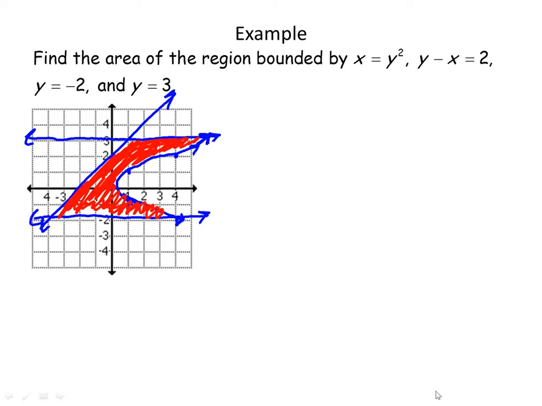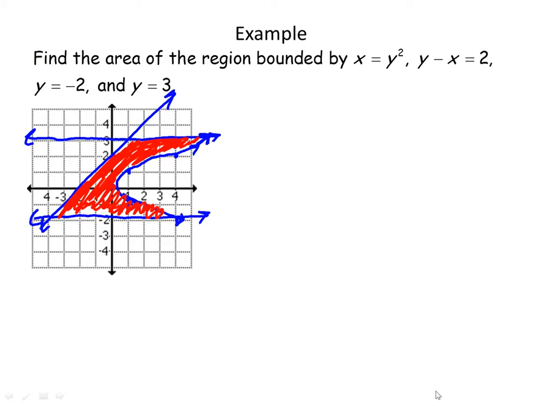Now, let's talk about our region. If we choose an R sub x region, we have to have x boundaries, yes? Okay, let's look at this. If we have an x boundary, we're going to have one here. Don't know where it is, we can figure it out though. We're also going to have one here. We're also going to have one there, and we're also going to have one there.